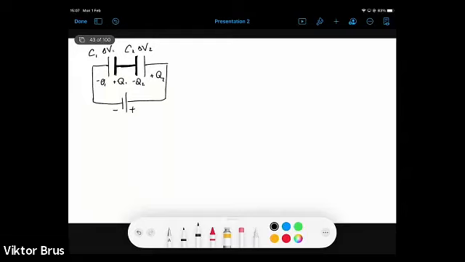Since initially this isolated system of two plates was electrically neutral, and we didn't have any opportunity to bring charges or extract charges from this system from the external environment, it should remain electrically neutral in total.